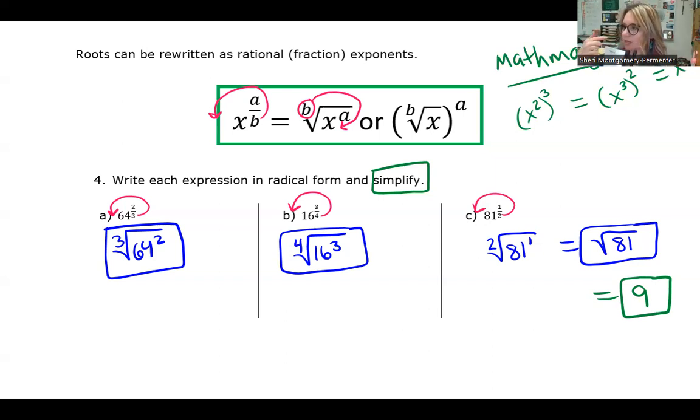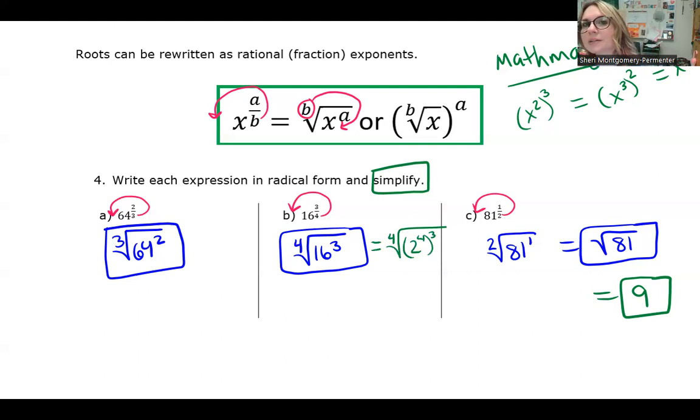Is there something in the fourth power column that is 16? What? 2. So this is the same thing as 2 to the fourth power. And I didn't change to the third power, it's still there.